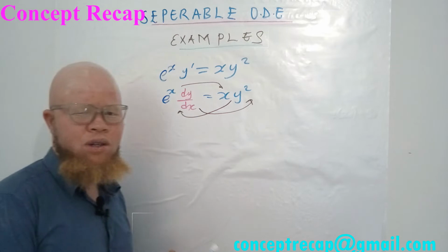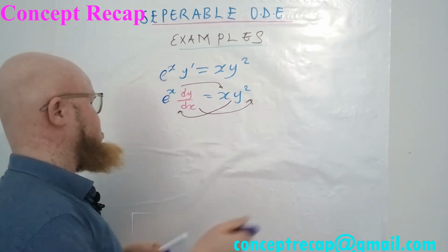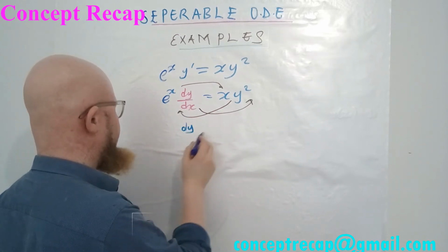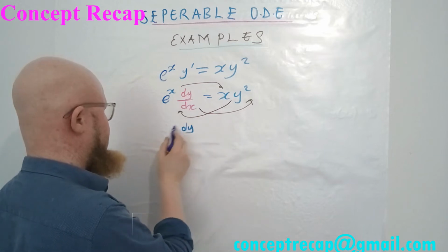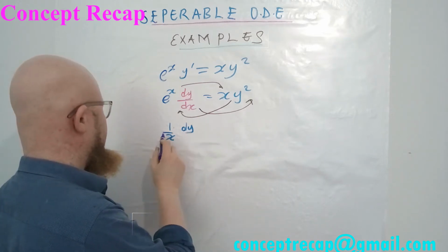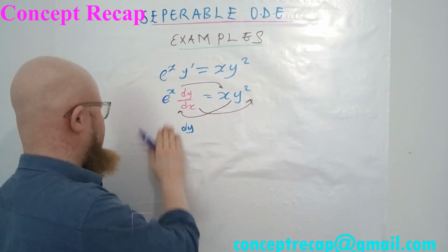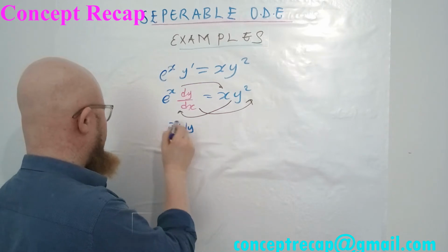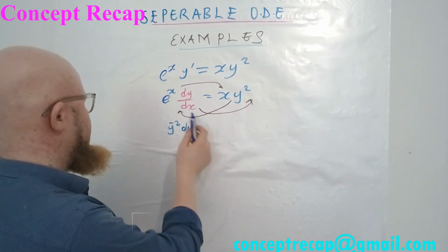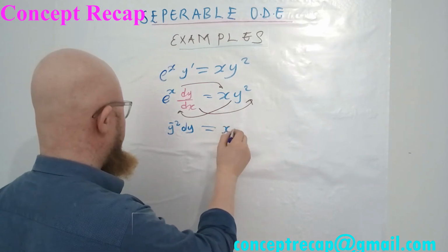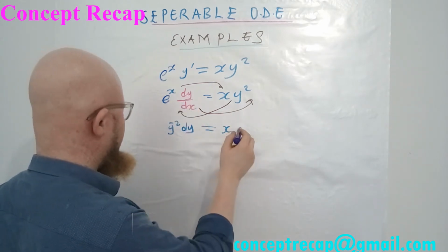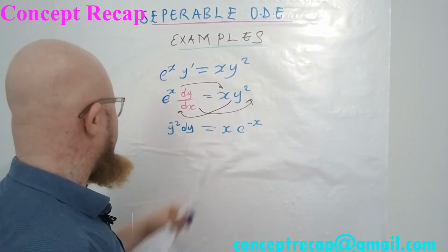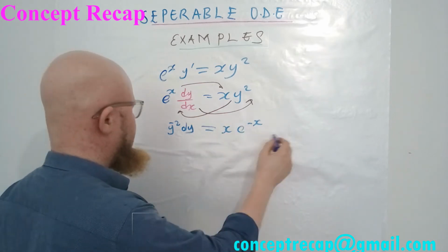But you must not violate mathematical operations, so this is how it will look. You have dy, and when this x comes here it will be 1 over x, and when this y comes here it will be dividing. Then you can write it like that, and you will have x in the denominator, so you can raise it, and then you put your dx.